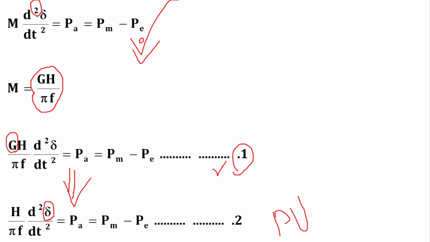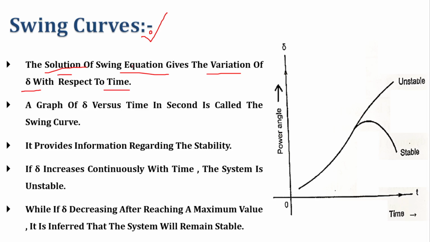So, it is a second order differential equation, and in this particular equation we have neglected the losses. The solution of this second order swing equation gives the variation of angle delta with respect to time. So, the graph of delta versus time is called the swing curve, and it provides the information regarding stability.